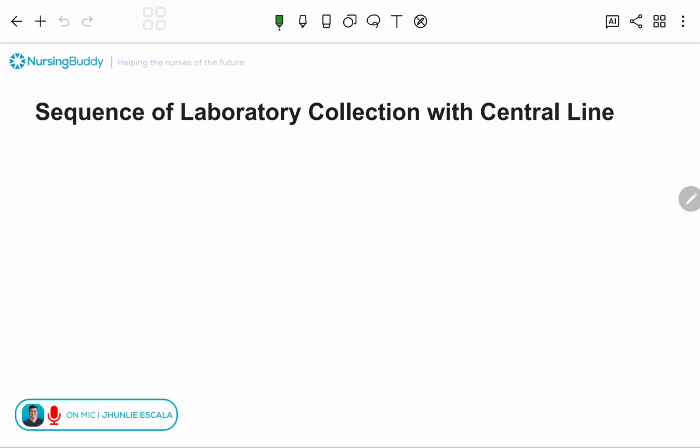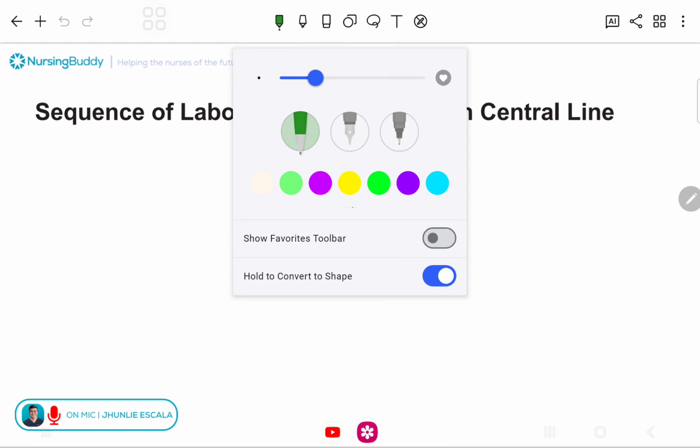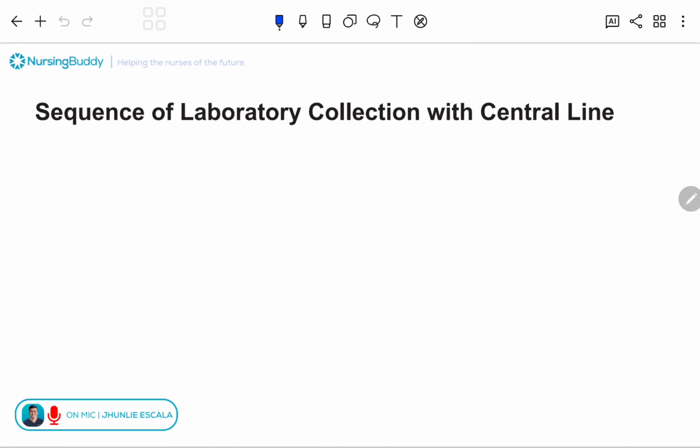So now let's discuss the sequence of laboratory or specimen collection with central line. Ayan, central line kapatid. This is what we need to follow here, class, very tedious. Maintain now, class, your sterile technique. So first, what do you need to do?